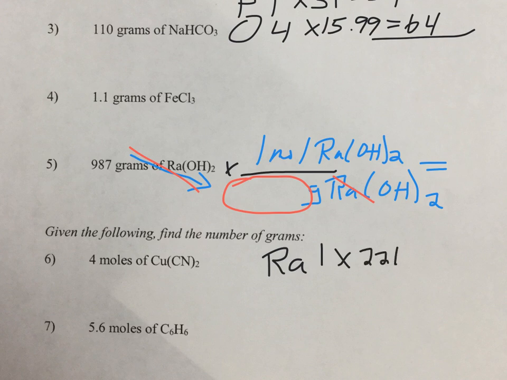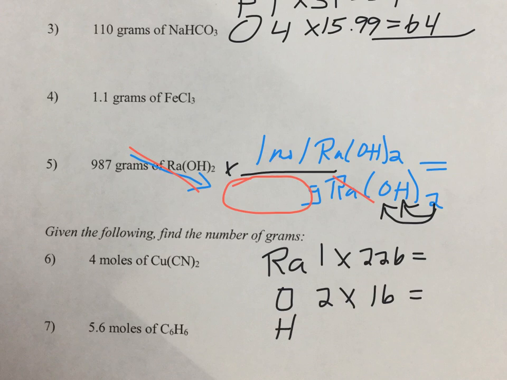Very good. Okay. Oxygen, I have how many of them? 2. Yep, because that 2 on the outside multiplies to everything on the inside, correct? Yes. Very good. Okay, so I have 2 oxygen, and that weighs 16. Very good. And how many hydrogen do I have? 2. And that weighs 1.01.